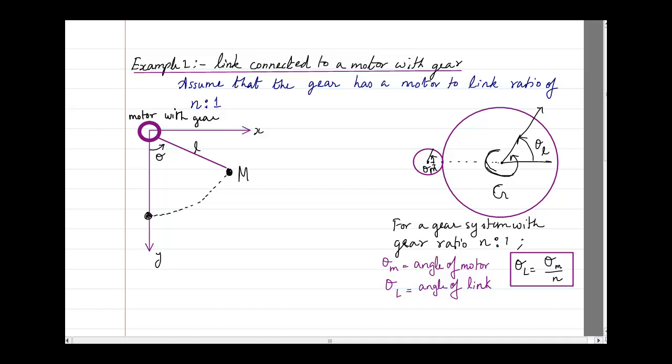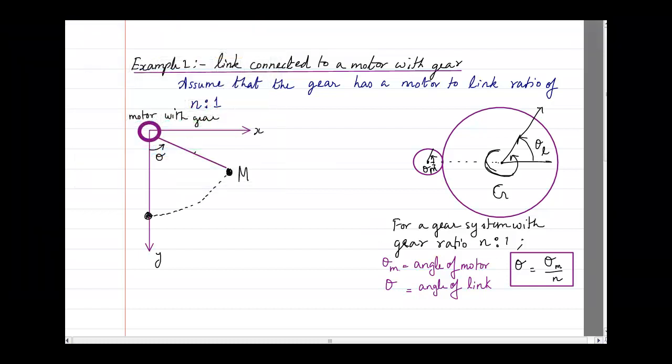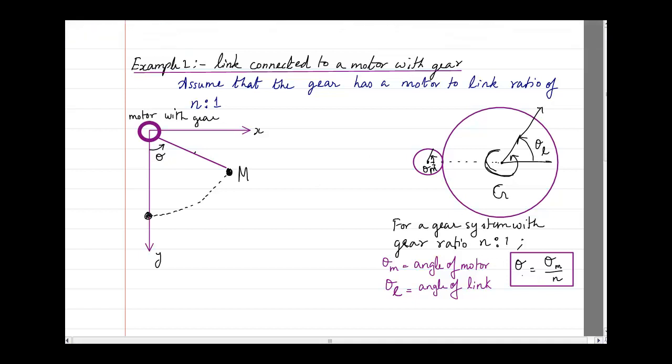Now let me do one thing. I will use a different L because I have used this theta L here. Let me write that correctly so that it does not go as a mistake. So this should be theta small. So suppose this length is capital L.